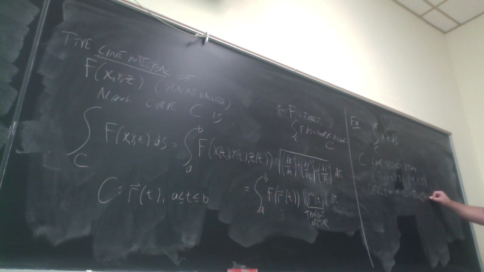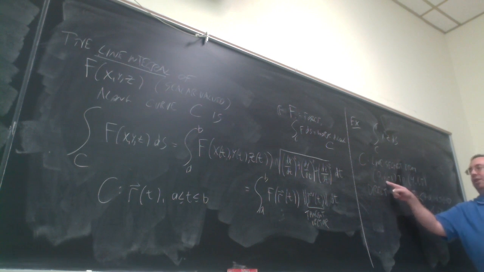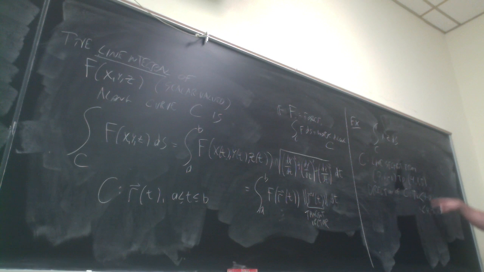So 4 minus 0, 1 minus 6, 5 minus minus 1. So we get (4, -5, 6). So from this starting point, you're heading along the direction of this vector to get to this final point.